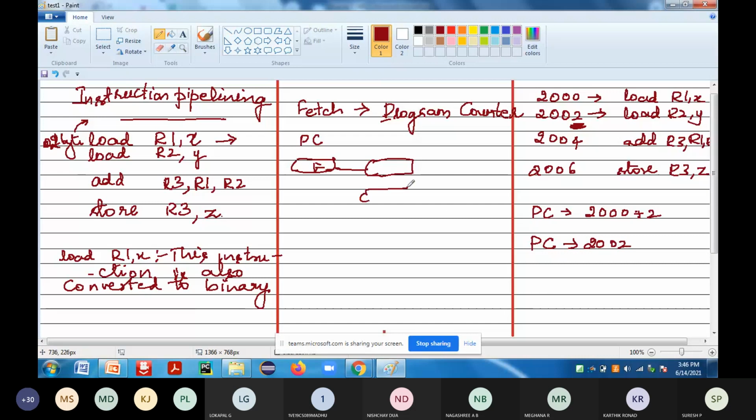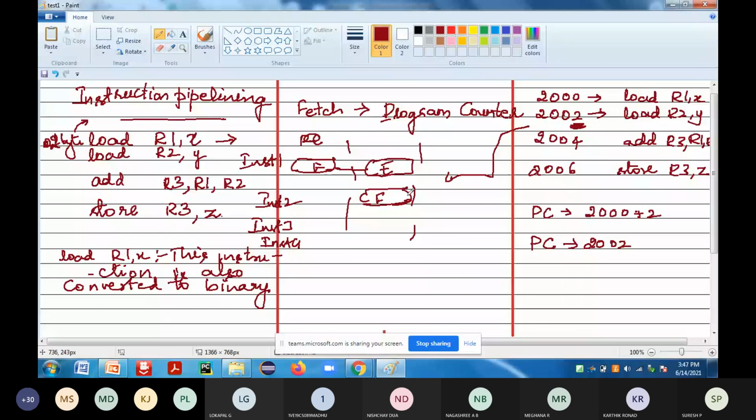In the next clock cycle, when it is executing, this is instruction 1, this is instruction 2, this is instruction 3, and instruction 4. Now when it is executing, what operation is it going to perform for instruction 2? What will happen in pipelining? This will be the fetch stage.